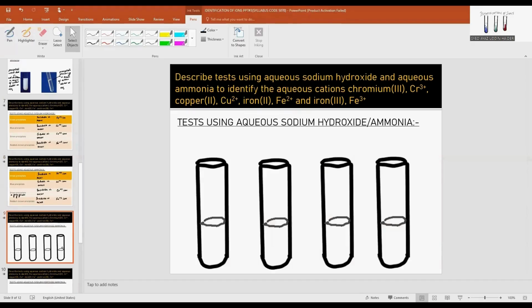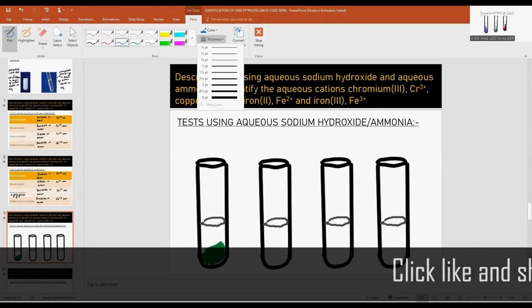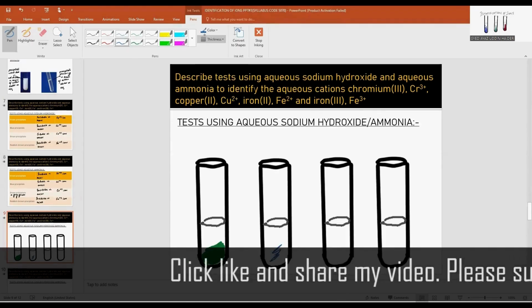So the color of the precipitates obtained will be like this. For example, if it's green, Fe2+, green precipitate like this. And if it's blue precipitate, for Cu2+, it will be like this.